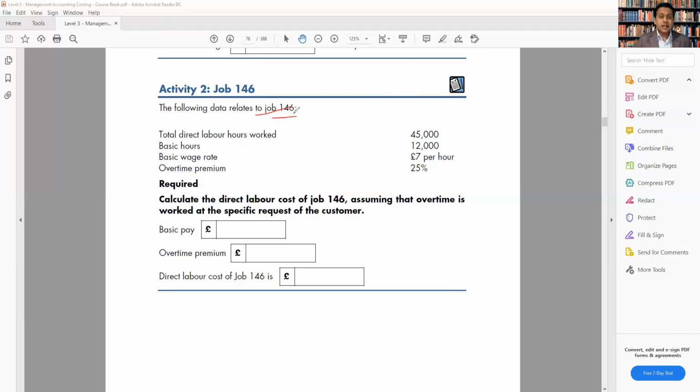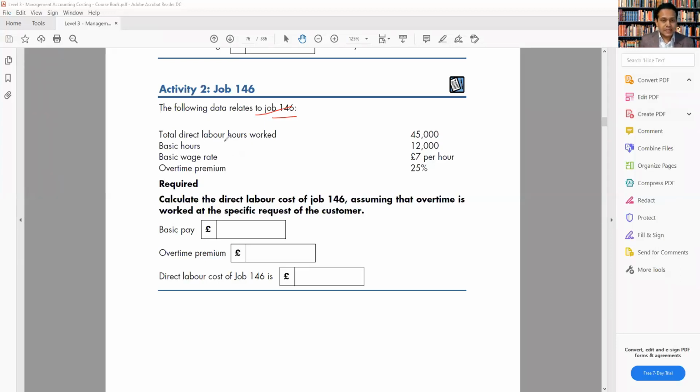We already discussed that before. If the question says there is a specific job, the overtime will be treated as a direct cost. So let's have a look.